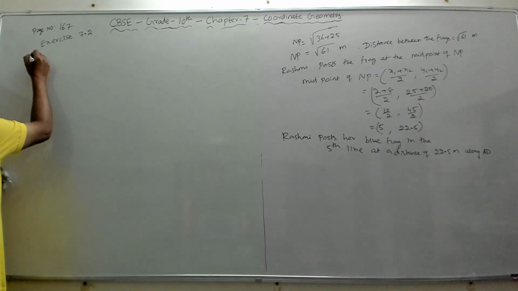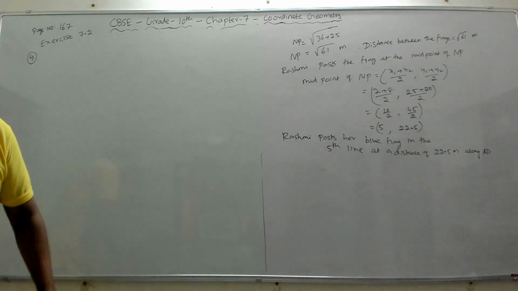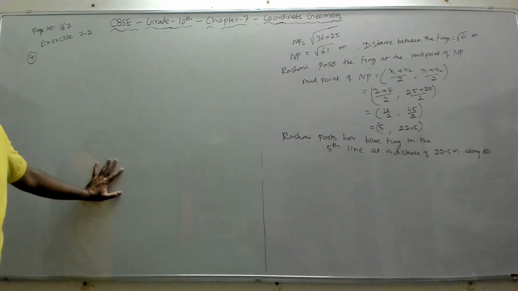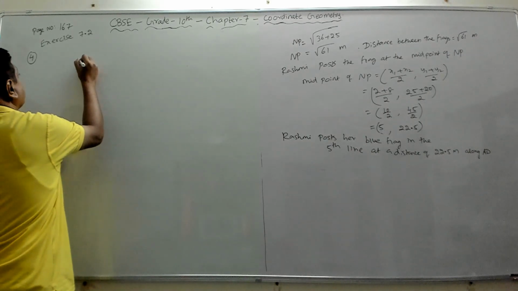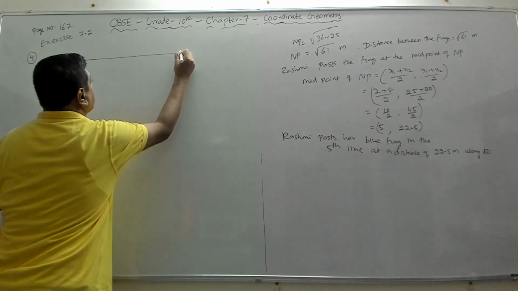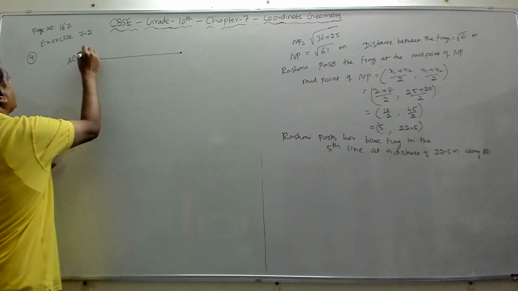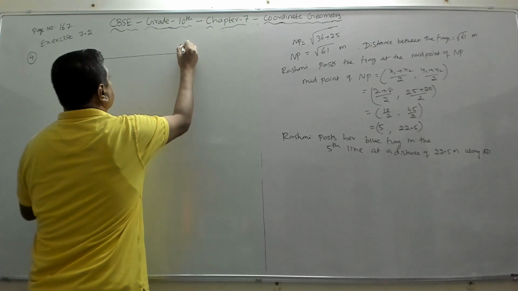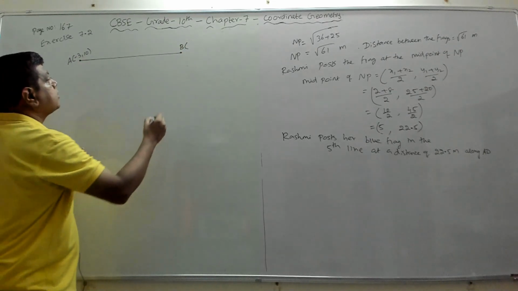So fourth problem, which is: find the ratio in which the line segment joining the points -3, 10 and 6, -8 is divided by the point -1, 6. So there is a line segment. This is A of -3, 10, and this is suppose B of 6, -8.